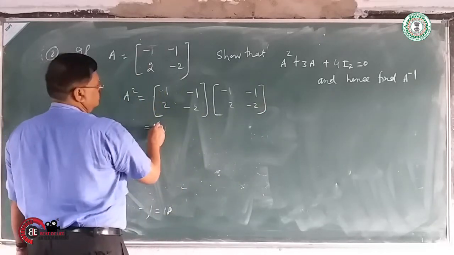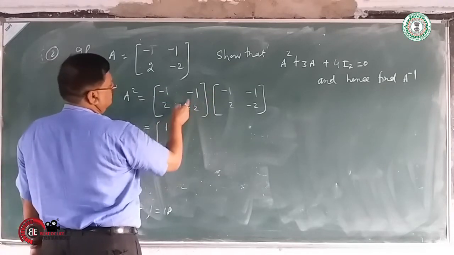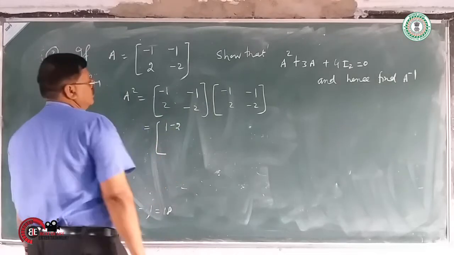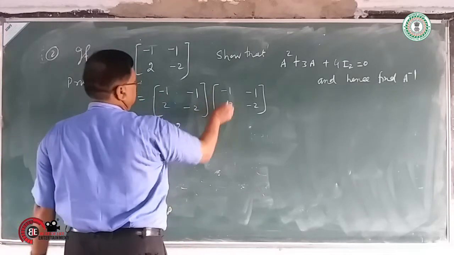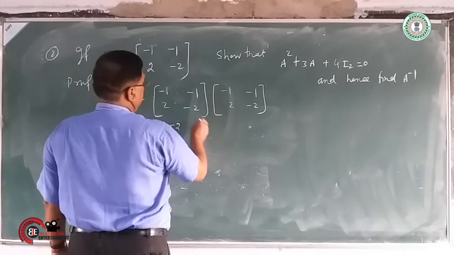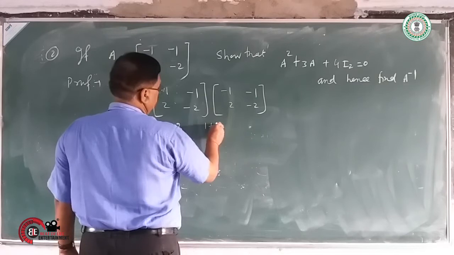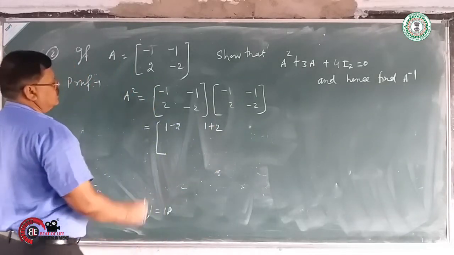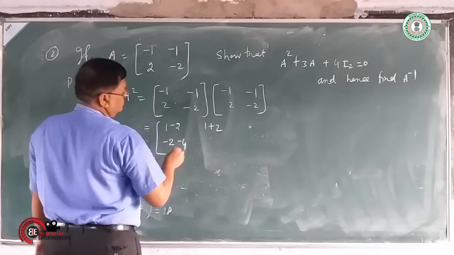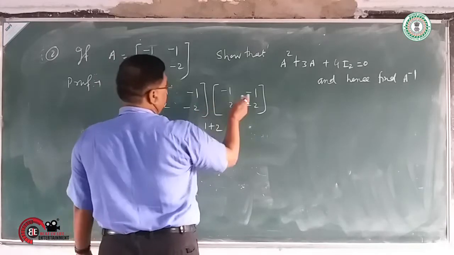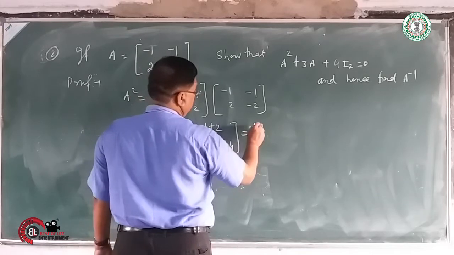So -1 into -1 is 1, then 1 into 2 is 2, and so on.